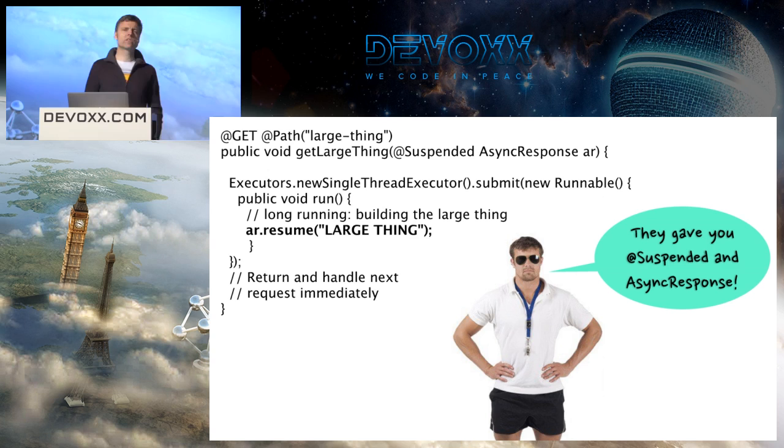What this gives you is an object representing the response, and you can pass this object around. So you can create a new thread, pass this asynchronous response into the new thread, and have that thread handle the response processing, and your HTTP worker thread can go back directly and process the next request.